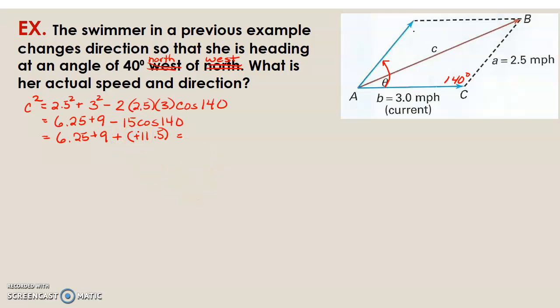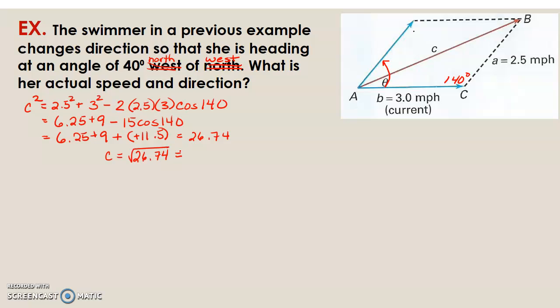Okay? So 15 cosine 140 is that. Plus 6.25 plus 9. And we get about 26.74. So C is going to equal the square root of 26.74.